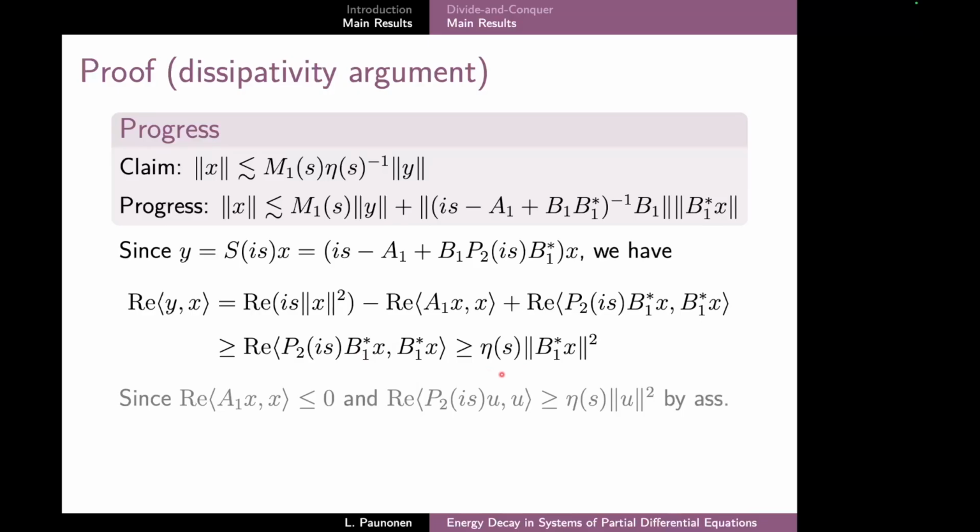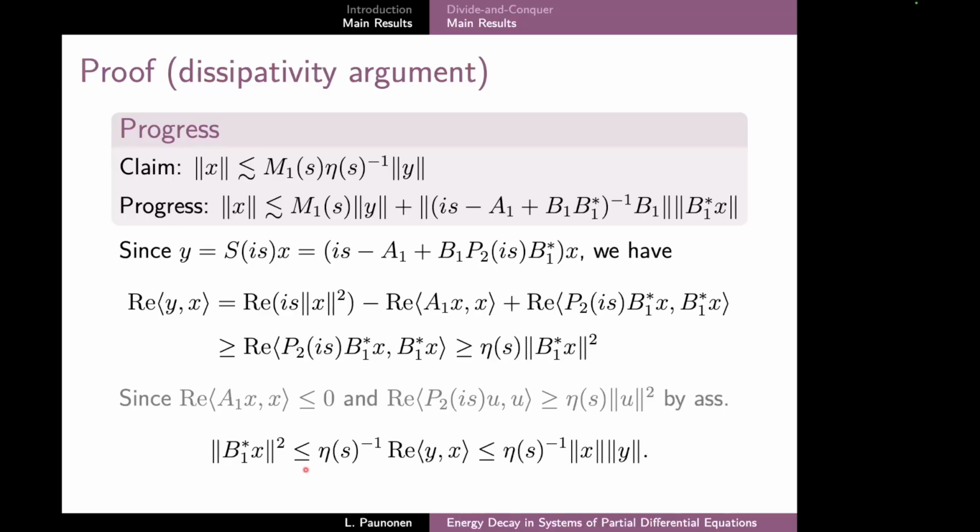So this gives us a lower bound for these real parts based on eta and the norm of b1 star x. And this we can turn into an estimate of b1 star x norm, because the real parts by Cauchy-Schwarz can be estimated by the norms of x and y.